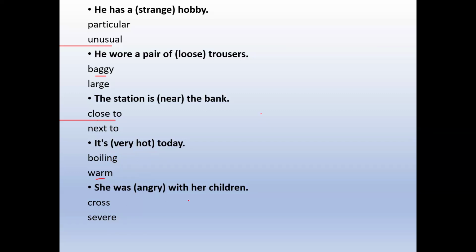She was angry with her children. Cross with her children. All right. So now when you look at these options, sometimes regarding certain pairs, of course, we can easily understand, okay, this is the matching word. But in certain other situations, it's like an indecision kind of feeling we get because of this two-way entailment, right?